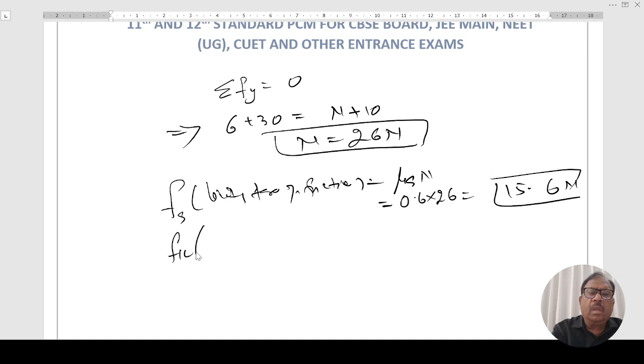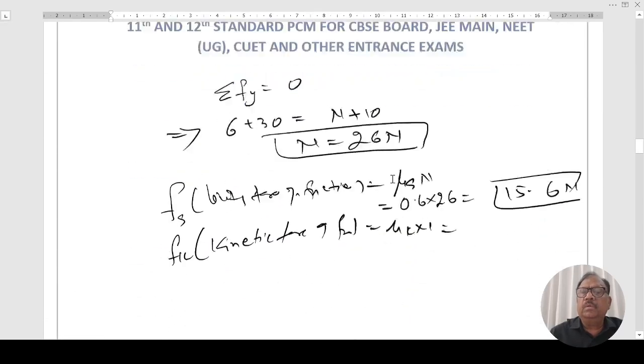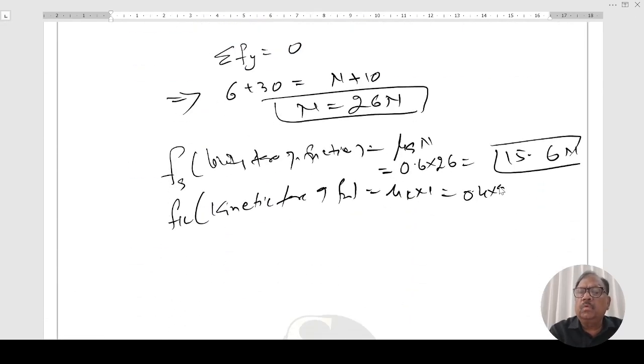Fk, the kinetic force of friction, is µk N, that is 0.4 into 26, that is 10.4 Newton, right?